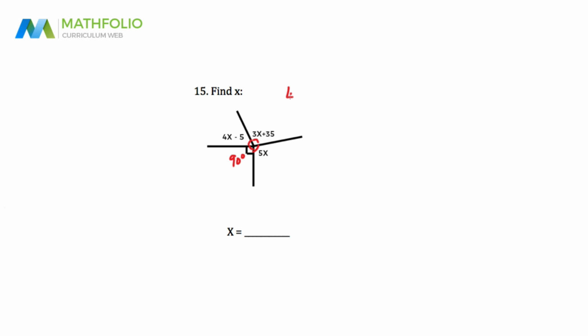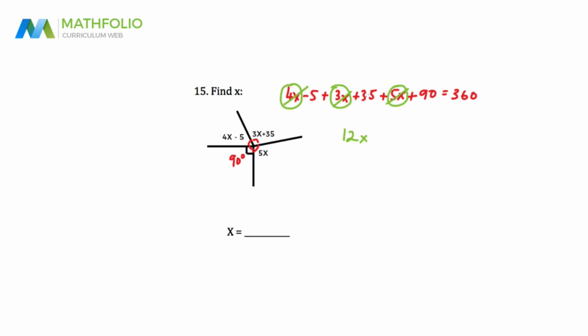So we could make our equation 4x minus 5 plus 3x plus 35 plus 5x plus, don't forget the 90, equals a full turn, 360 degrees. So now combining the like terms, I've got 4x, 3x, and 5x. So that gives me 12 x's, and I'll just cancel them out after I've used them.